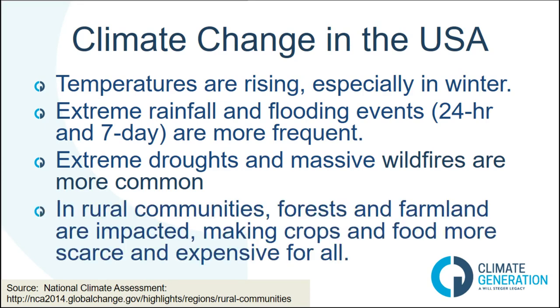And in rural communities, forests, and farmland, they're all impacted because they're making crops and food more scarce, and then it becomes more expensive for all. There's a few different documentaries I've seen, and it's really interesting to learn about just the soil itself and some differences we could make by utilizing soil differently that could impact climate change.